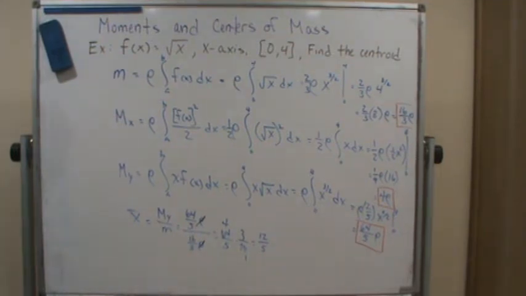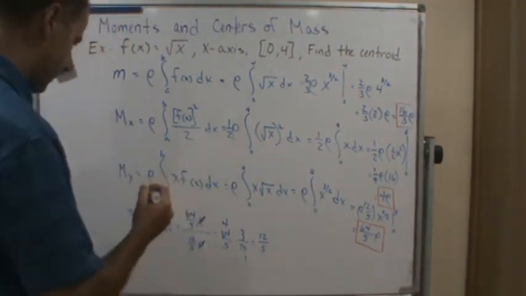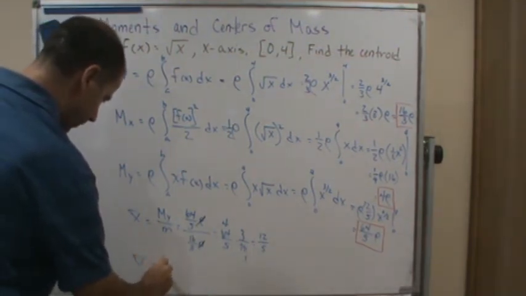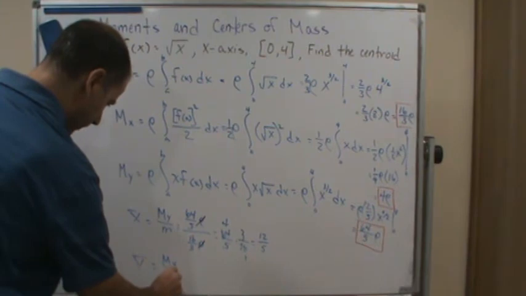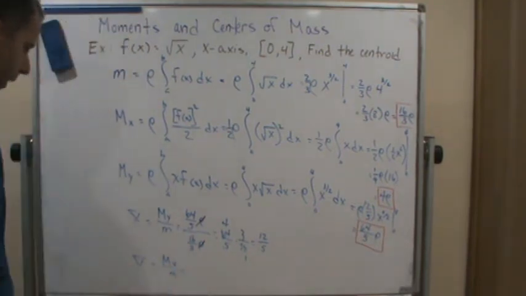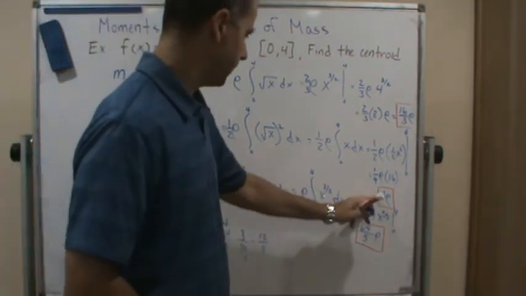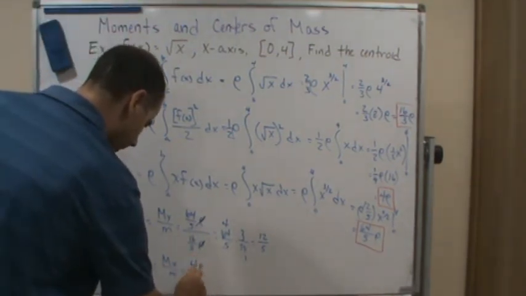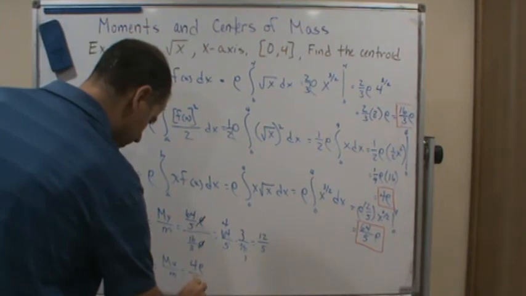And then y bar, what happens to y bar? Well, y bar equals m sub x over m. And so what's m sub x? M sub x is 4 rho, so 4 times rho, divided by, again, 16 thirds times rho.